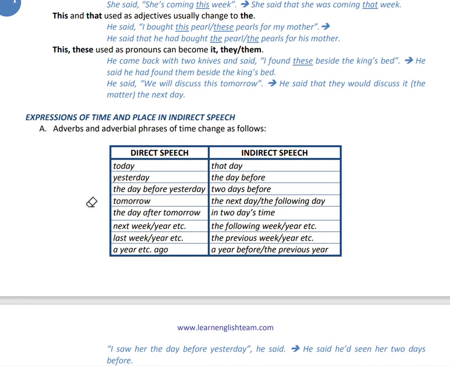Yesterday, the day before; the day before yesterday, 2 days before; tomorrow, the next day or the following day; the day after tomorrow, in 2 days' time; next week or year, the following week or year; last week or year, the previous week or year; a year ago, a year before or the previous year.